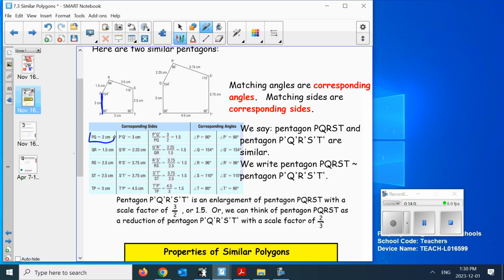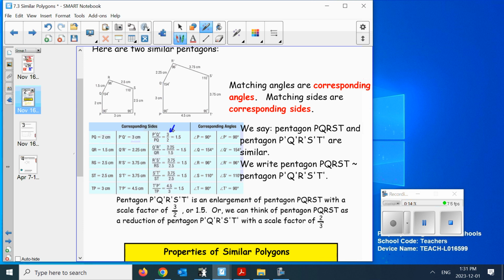So PQ is just like P'Q', but you notice we have this one with a tick mark. All of those letters have a tick mark just to say it's the second shape. And that's 3 in this case. So 2 here, 3 here. So when you compare them as a fraction, it's 3 out of 2, or 1.5.